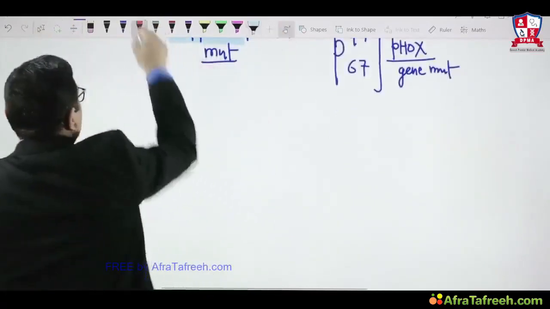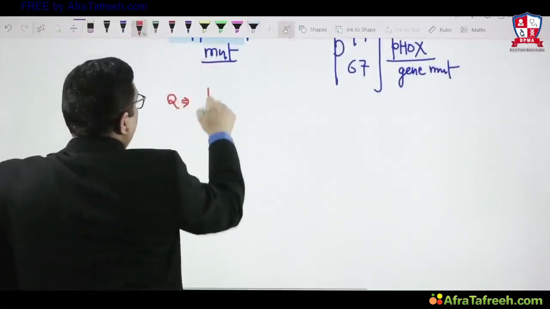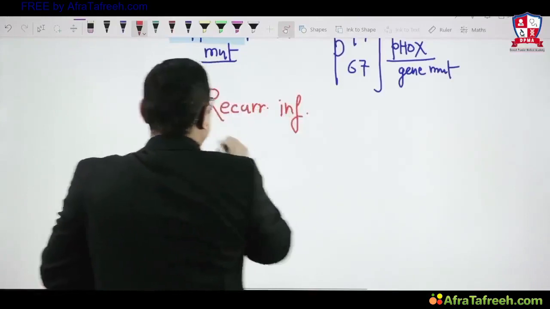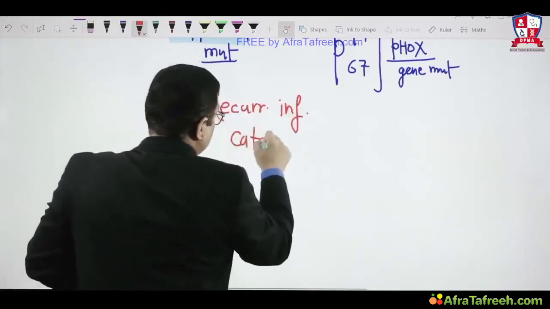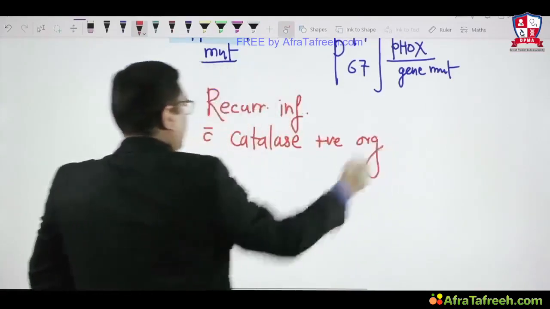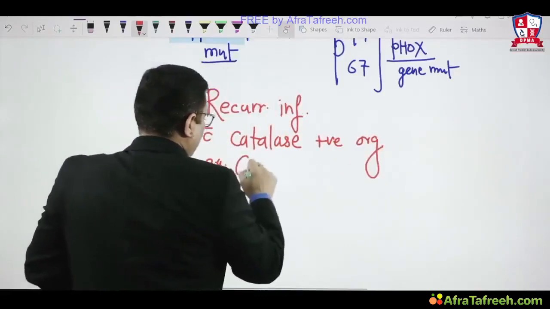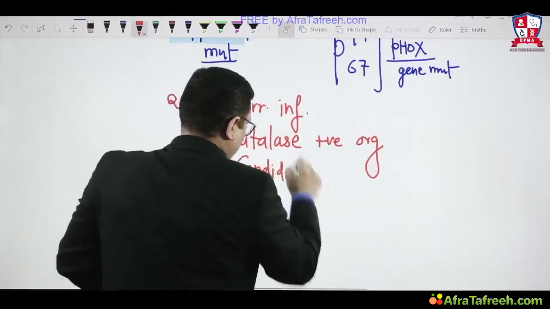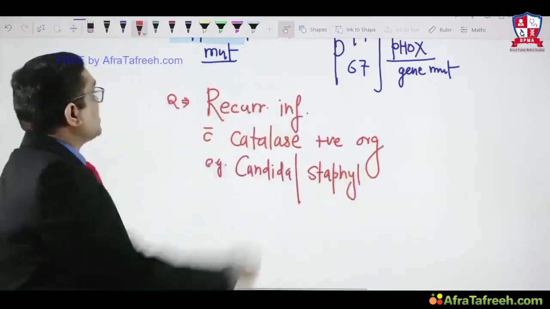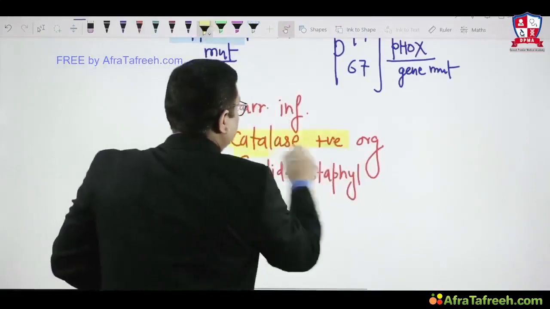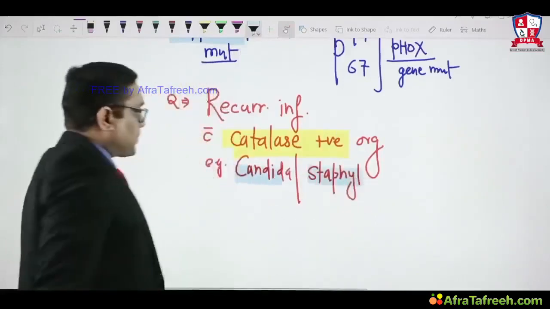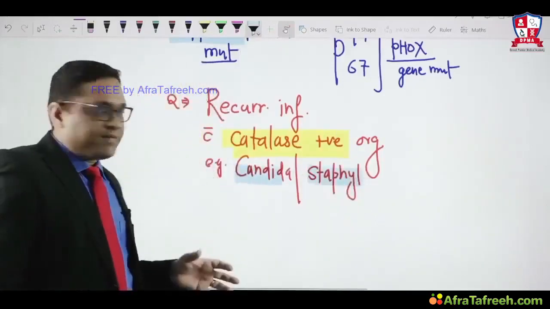Because of this mutation, this patient will have a history of recurrent infection with catalase positive organisms. Examples given in the DNB exam were Candida and Staphylococci. So they will have recurrent infection with catalase positive organisms.